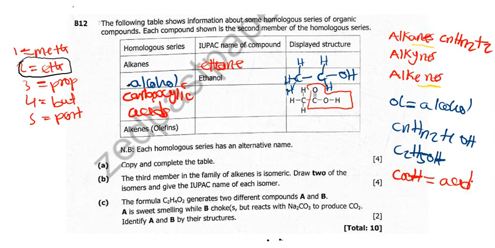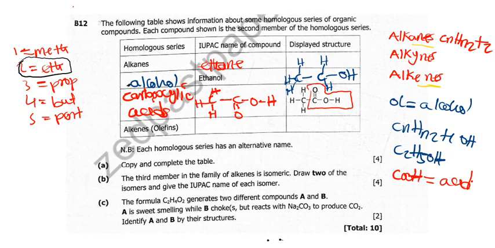Okay, then the formula, we are going to have C bonded to another C, then hydrogen here, another hydrogen here, another hydrogen here, then 1 oxygen here, double bonded, then 1 oxygen here and a hydrogen here.